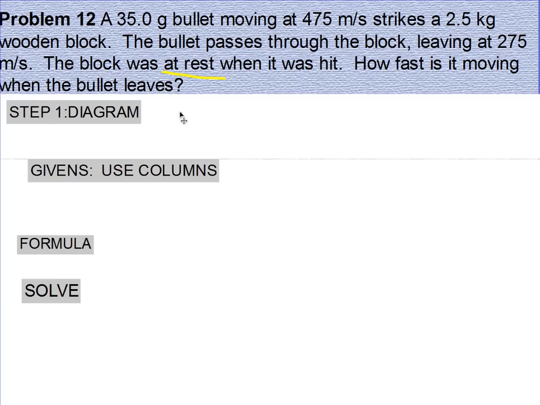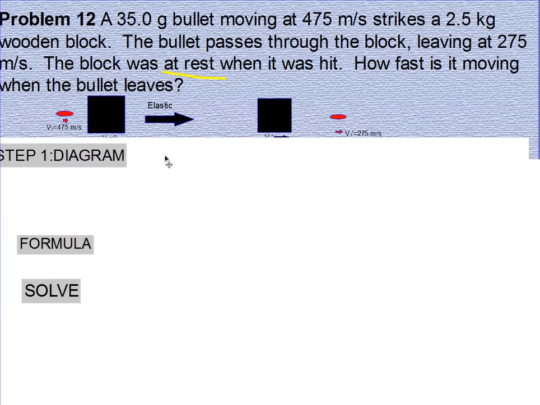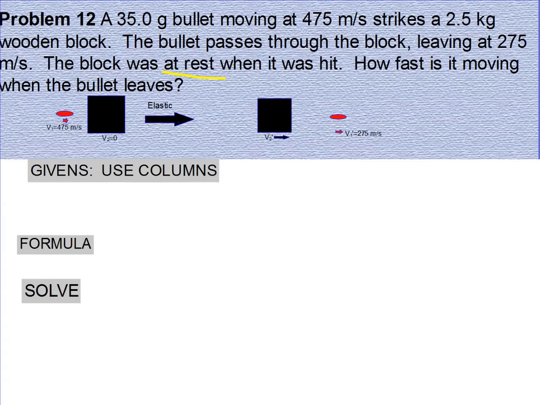I've drawn one showing the bullet and the block. We have an elastic collision, and then the block is moving with some final velocity while the bullet is moving with another final velocity.